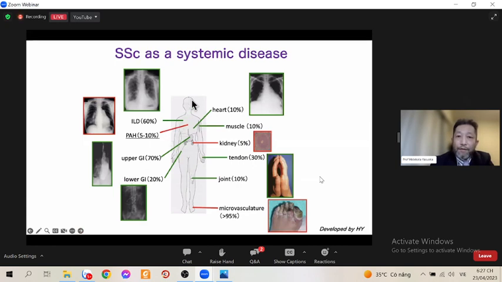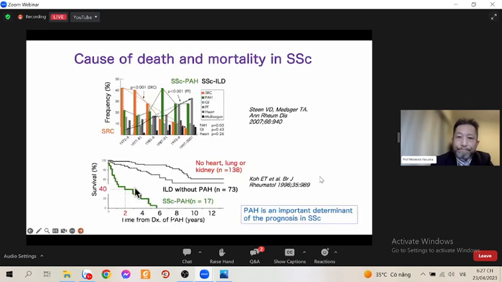Systemic sclerosis also has various kinds of organ involvement, including cardiopulmonary, gastrointestinal, microvascular, and musculoskeletal involvement. These organ involvements can determine the prognosis in SSc.